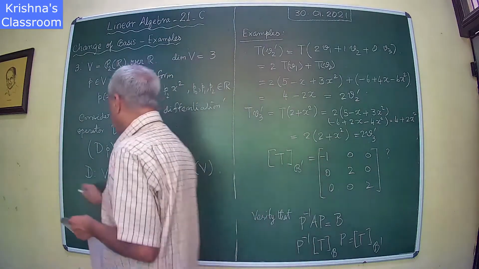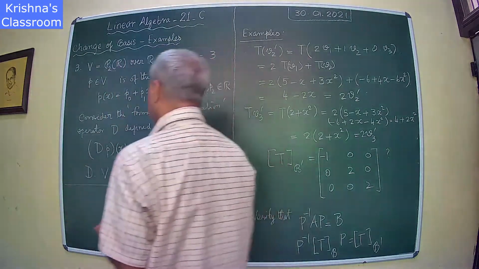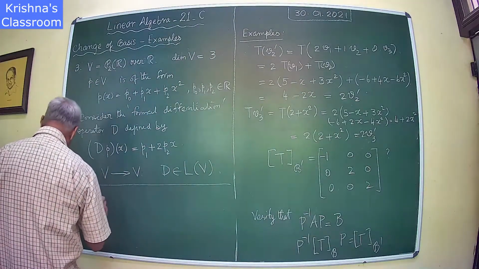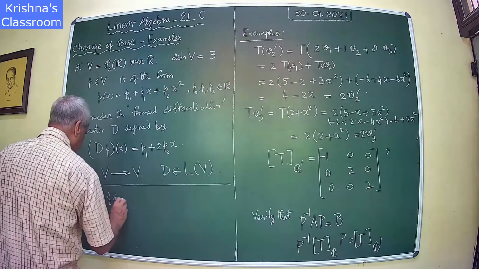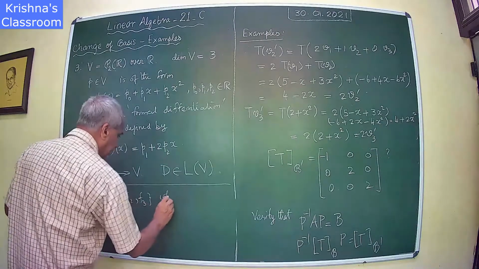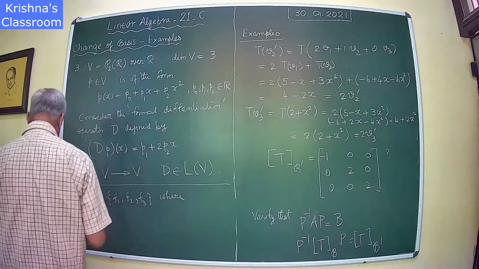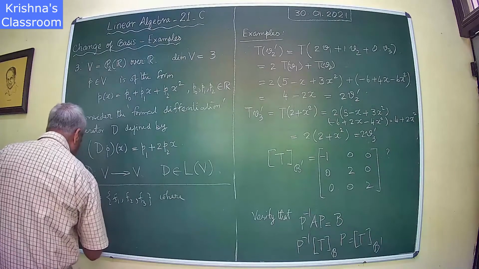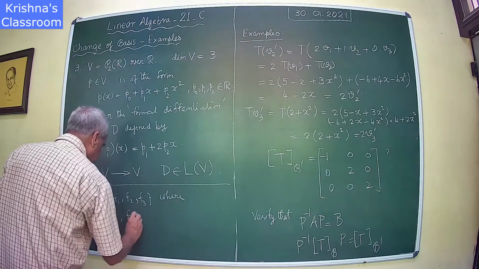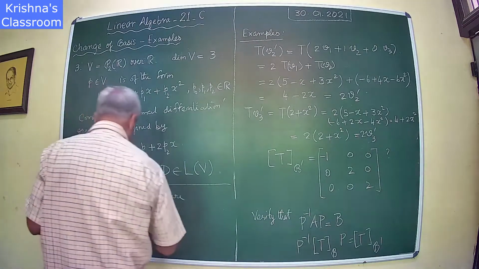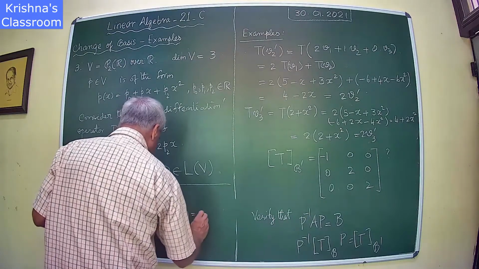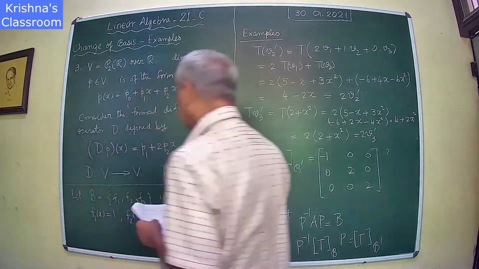Now let us choose two bases B and B prime. Let the ordered basis B be the standard basis f1, f2, f3, where these are polynomials. f1 of x is 1, f2 of x is x, f3 of x is x squared.